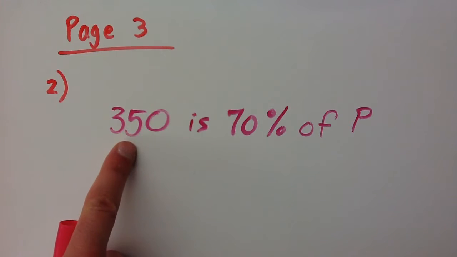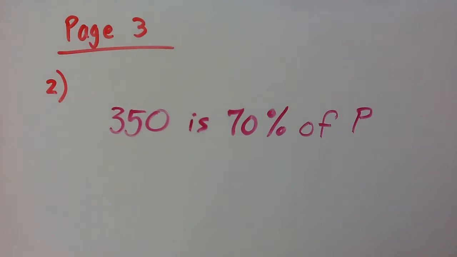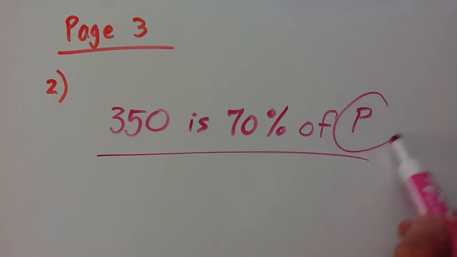So 350 passes completed is 70% of the total passes. And so we're asked to find how many passes did he attempt, how many total passes. And so you need to write this down in the box for number 2. This little phrase right here will help us write an equation so that we can solve for P, the total number of passes, which is what we're looking for.